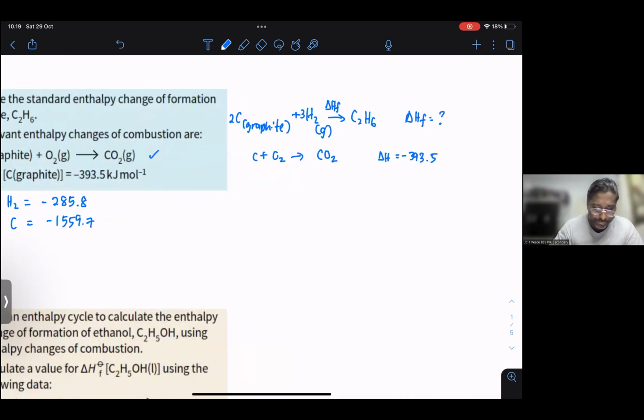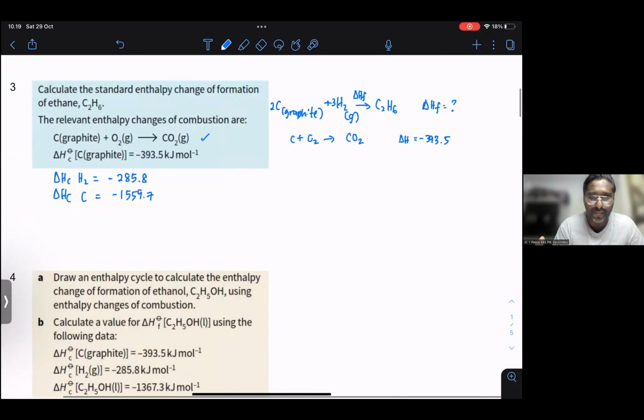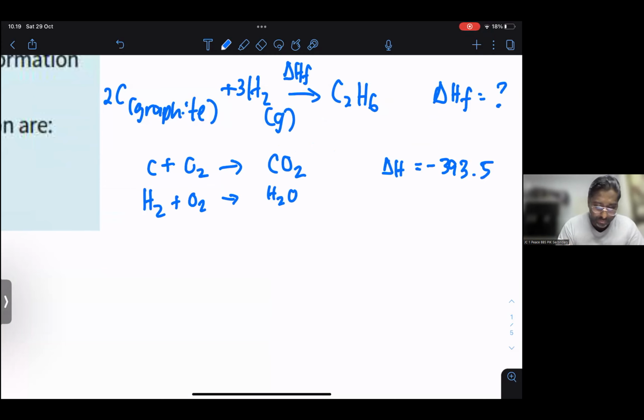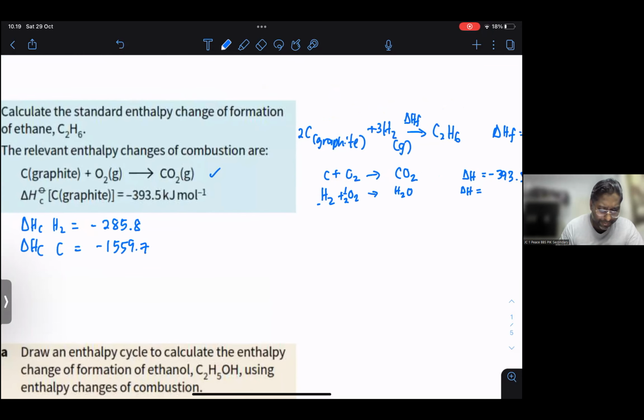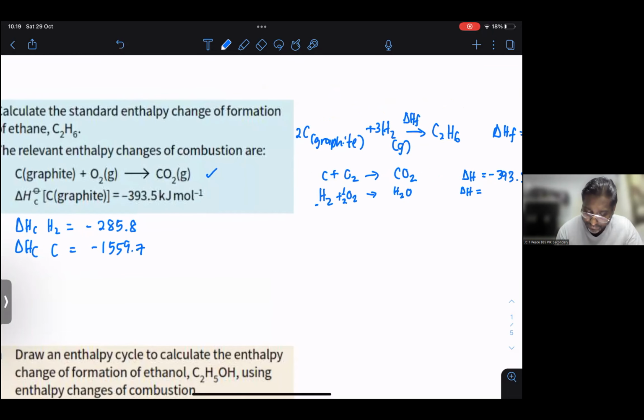So you put H2 burning with oxygen, they will give you water. Basically combustion means 1 mole of hydrogen is burning, so make sure that you do not change this value. So the delta H is going to be negative 285.8.